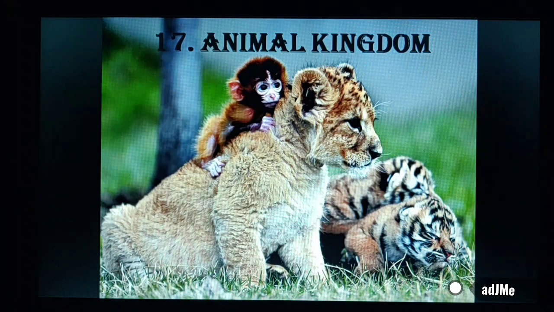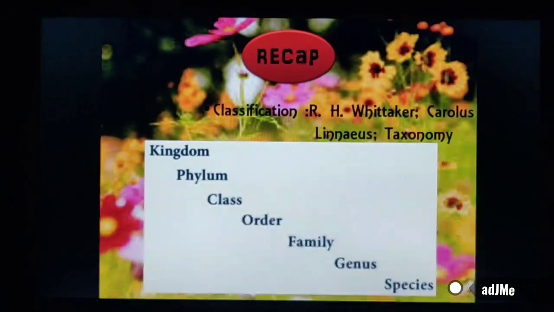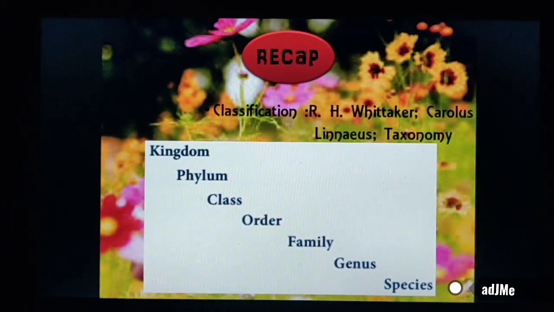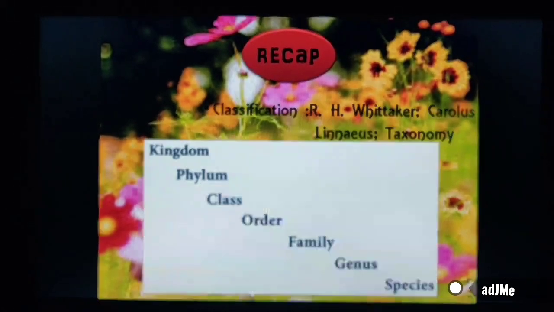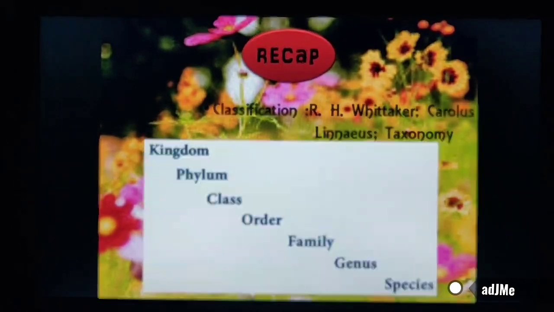Before entering into the lesson, let's have a fast recap of what we learned last class. We learned about classification. In that, we learned about R.H. Whittaker's 5 kingdom classification, and about Carolus Linnaeus, shortly called Carl Linnaeus.